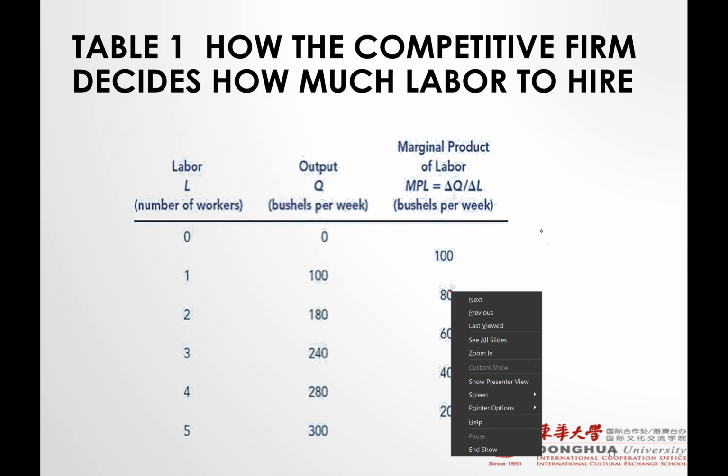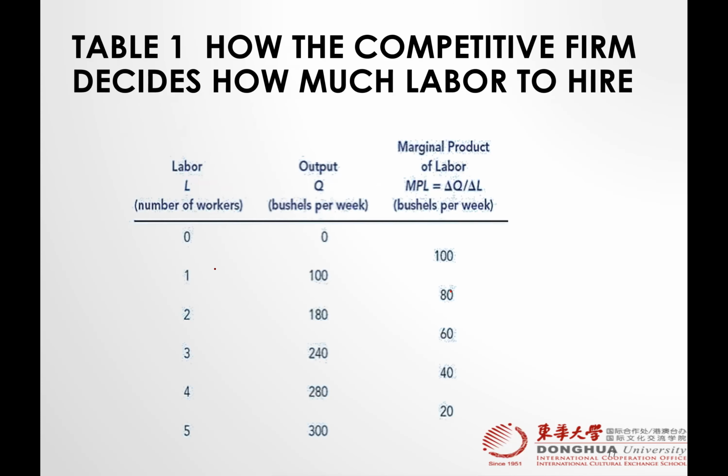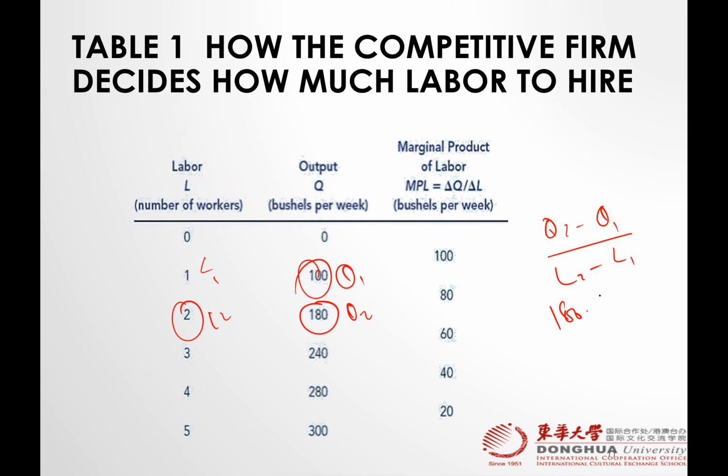If we apply the formula, Q2 minus Q1 divided by L2 minus L1, so 180 minus 100 divided by 2 minus 1, the answer is 80, right?